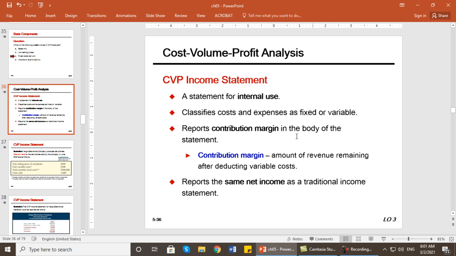Cost, the fixed and variable. Contribution margin is the amount of revenue remaining after deducting variable cost, and it reports the same net income in the additional income statement.